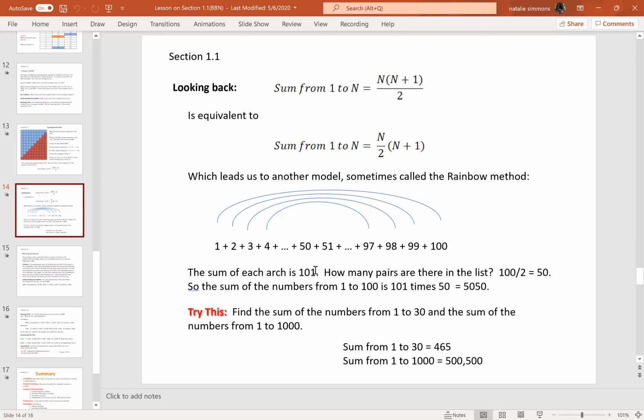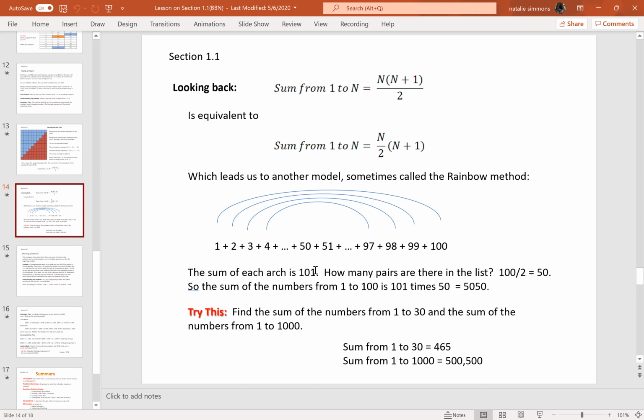So you've got 101 times 100, but then you have to take half of that because you're duplicating in there. And so that's why you divide it by 2, because you're doing a duplication in that process. Does that make sense?